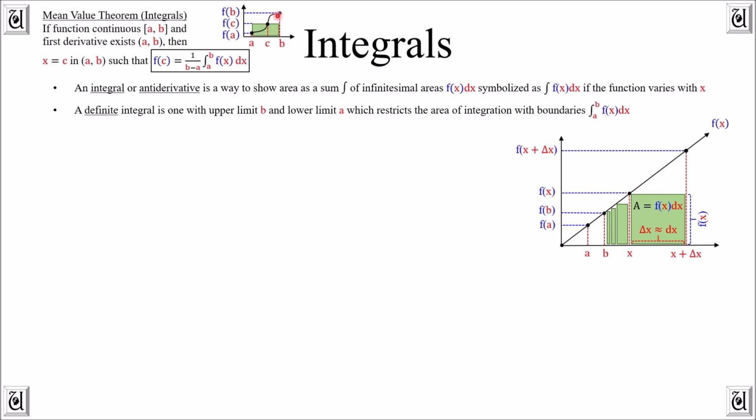At some point that's got to happen. And so you can see how the missing area here is pretty much made up for by the area here. And so at some point along that curve, it's got to happen.